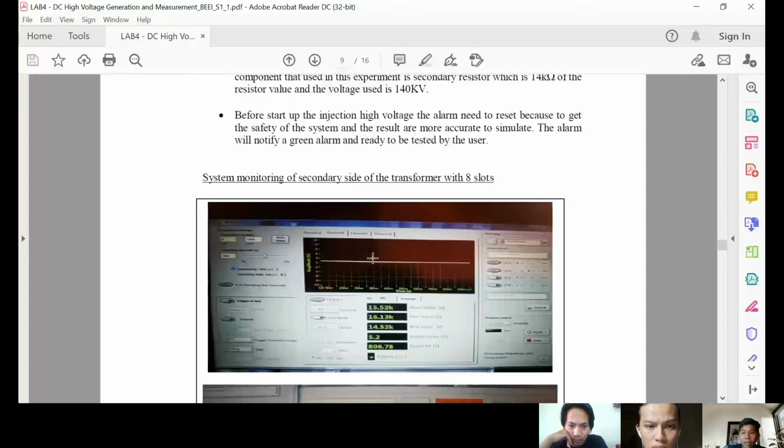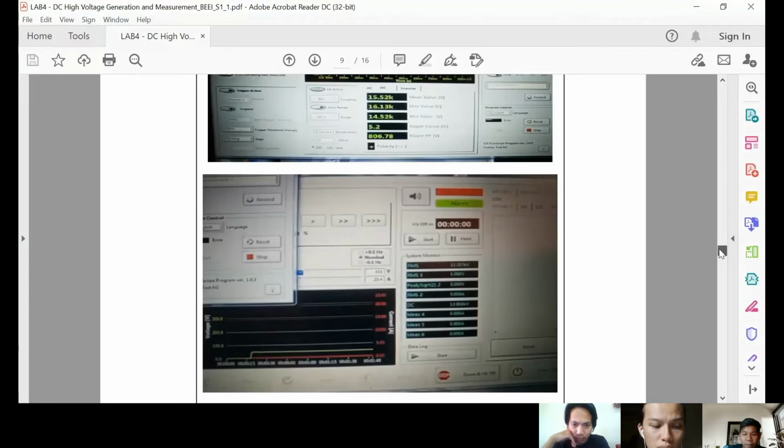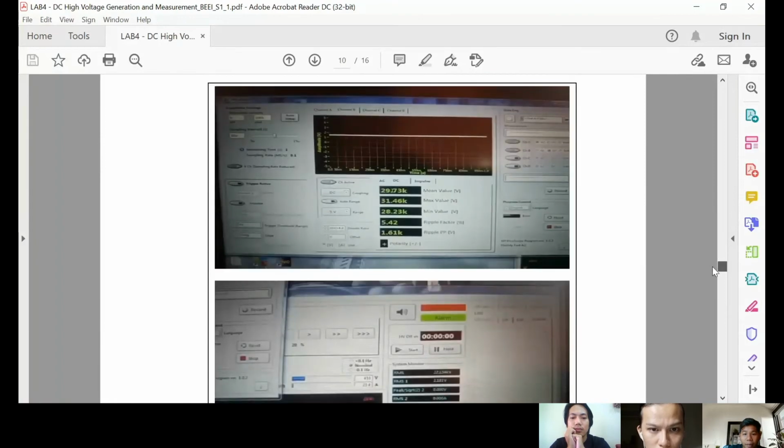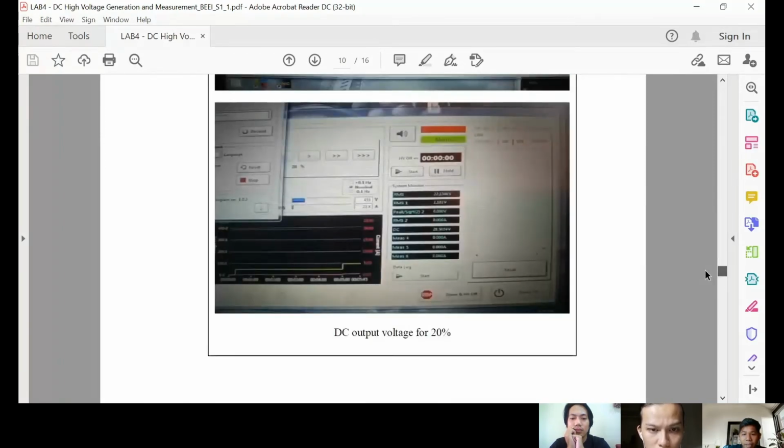The first result shows the DC output voltage for 10%. The value in the frequency converter is slightly different with the picoscope, and same goes to the other value, 20%.